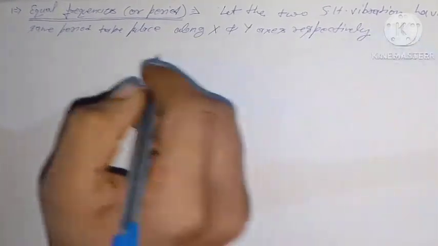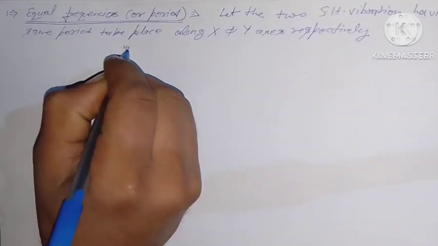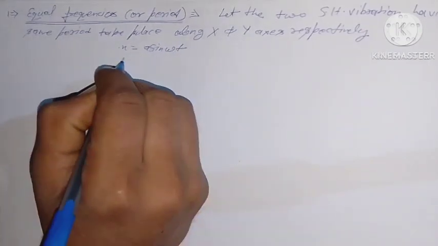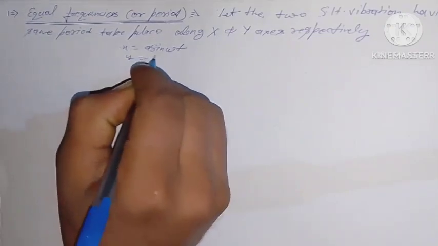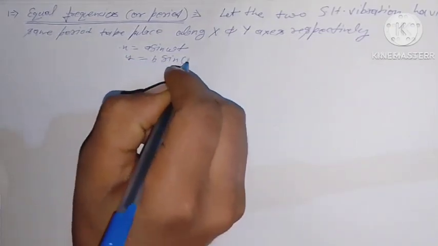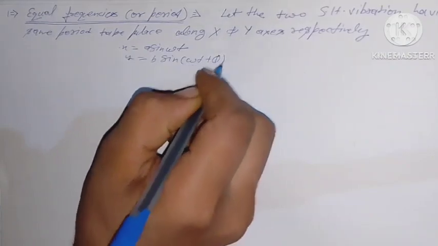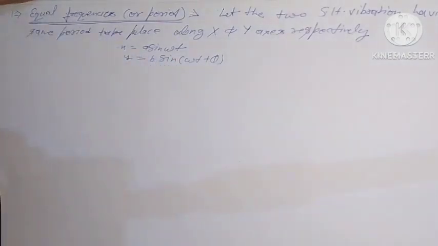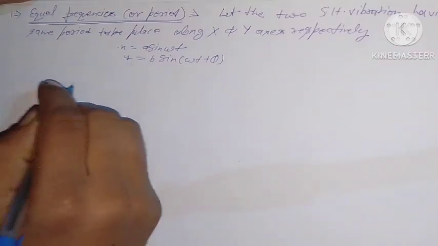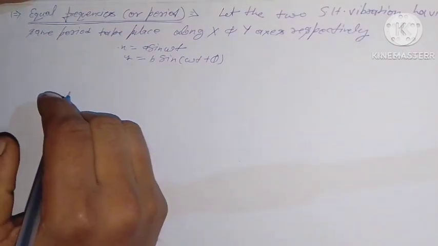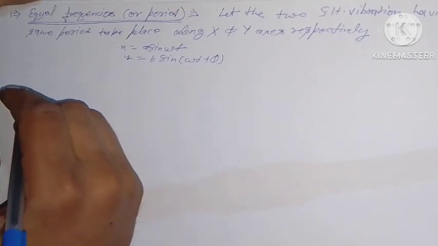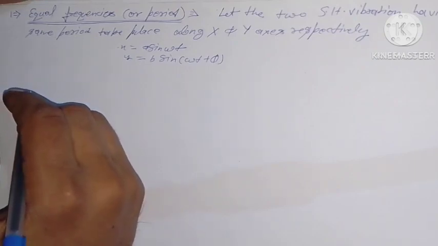This can be represented as x equal to a sin omega t and y equal to b sin omega t plus phi, where a and b are the respective amplitudes and the y vibration is ahead of the x vibration by phase angle phi.